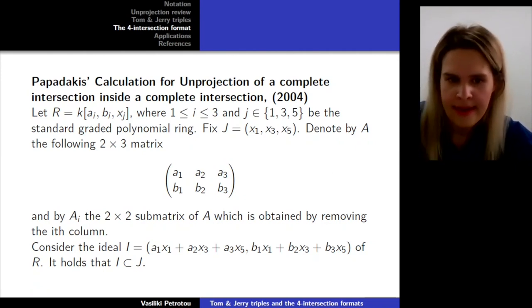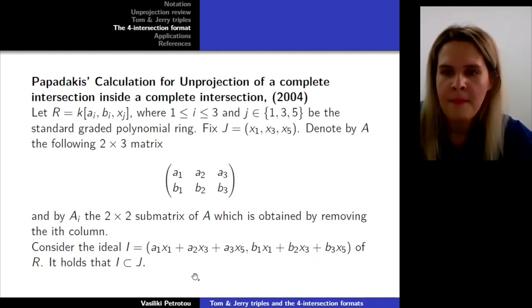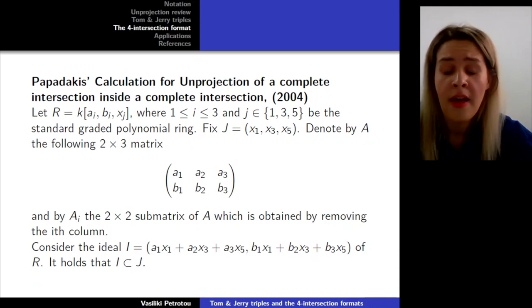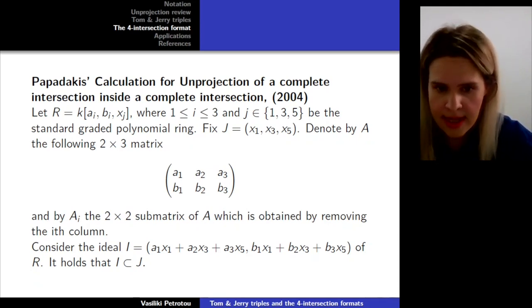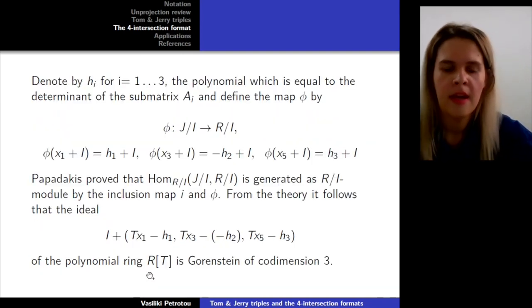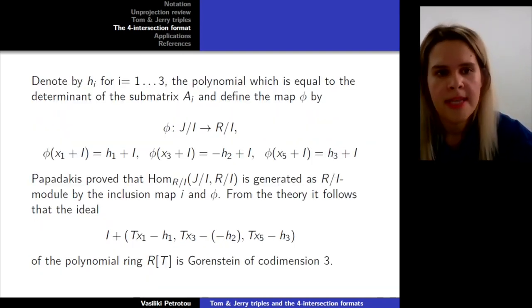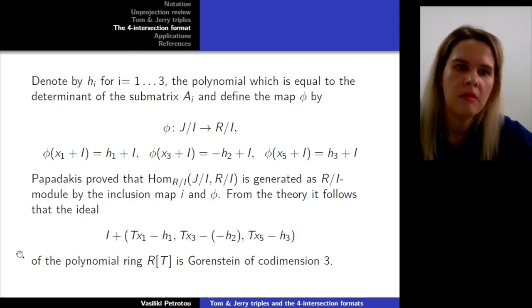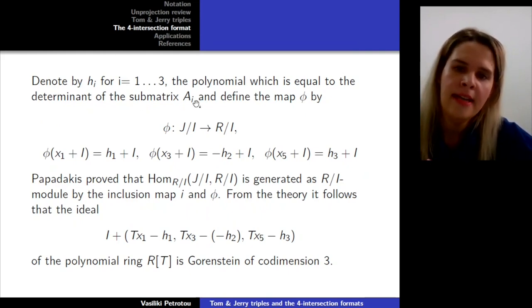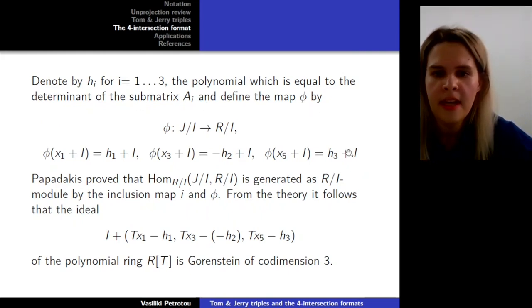For this initial data, ideal I in J, Papadakis computed the equations of the codimension 3 Gorenstein ring which occurs from this unprojection pair. More precisely, denoting by Hi the polynomials which are equal to the determinant of the submatrix of I, he defines the map phi in this way.